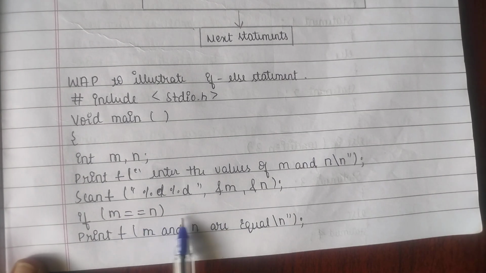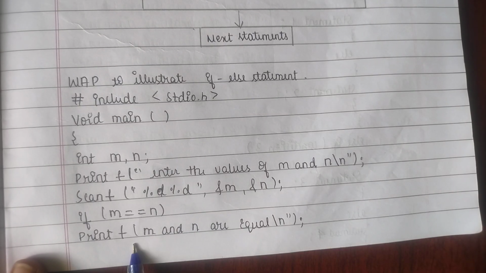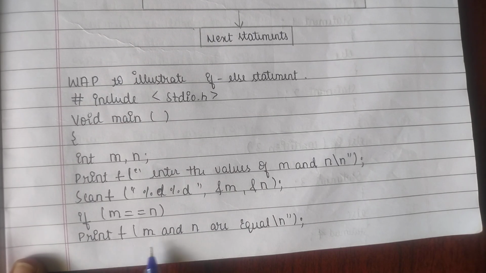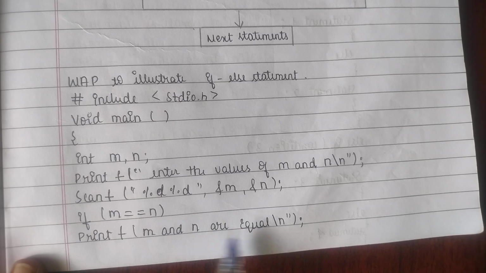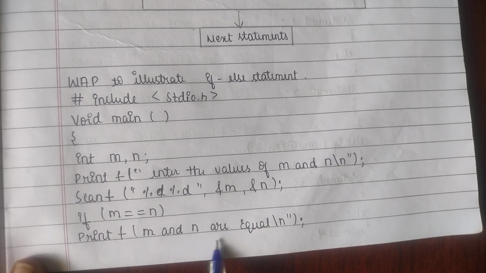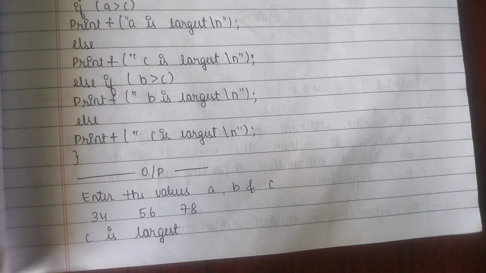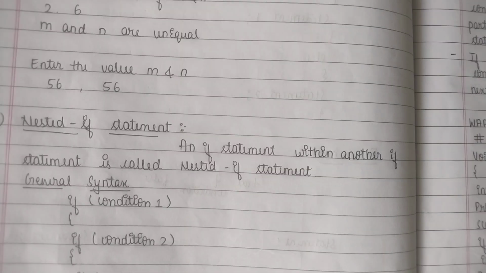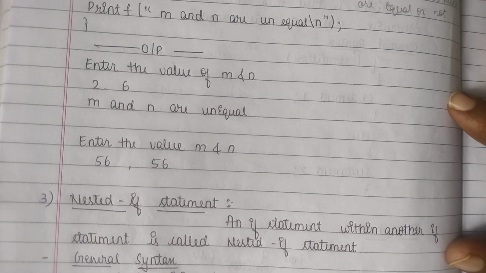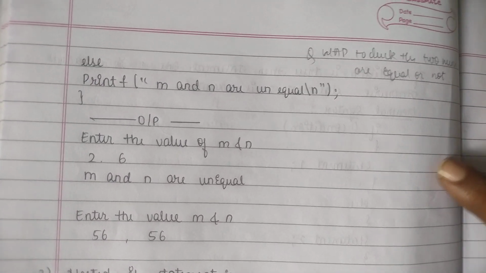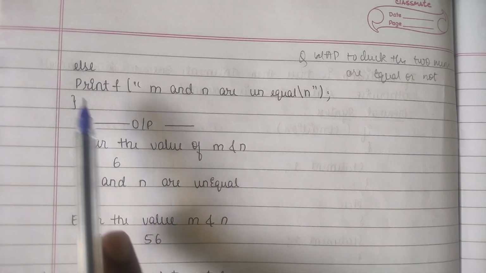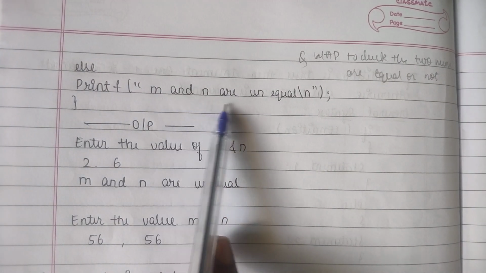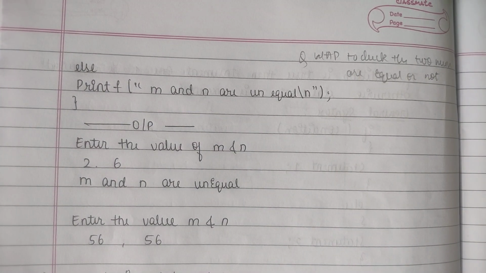If m is equal to n, then print m and n are equal. If both are equal, then print m and n are equal. Otherwise go for the else part, m and n are not equal, right?